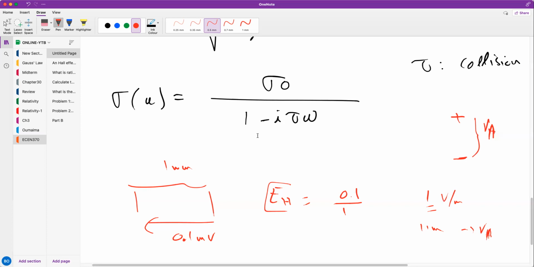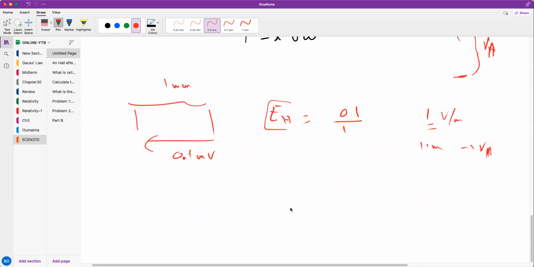Some of the questions. There was one question about VH in the quiz. For that one, the answer was none of the above. Yes, Fatma, you are right. For example, let's assume that you know the mobility is equal to mu tau over m.